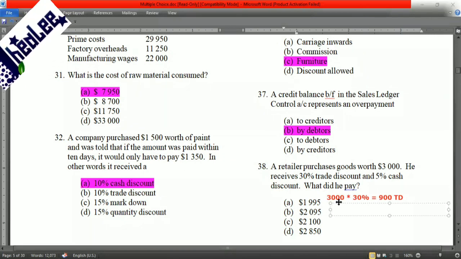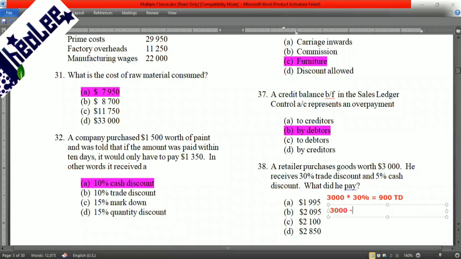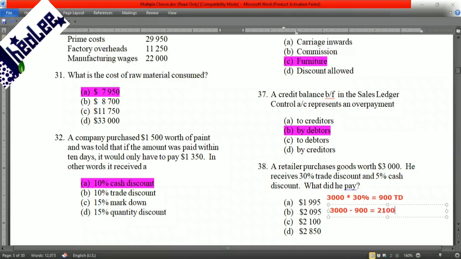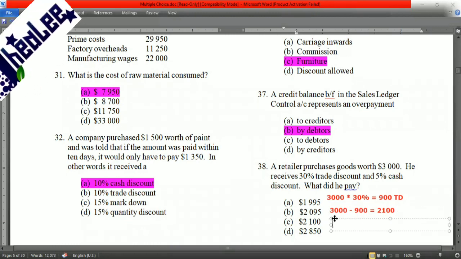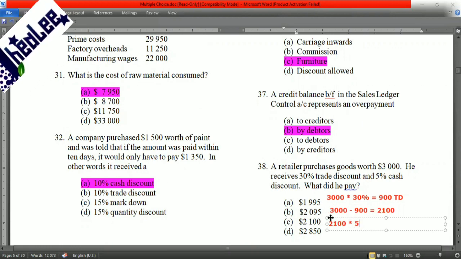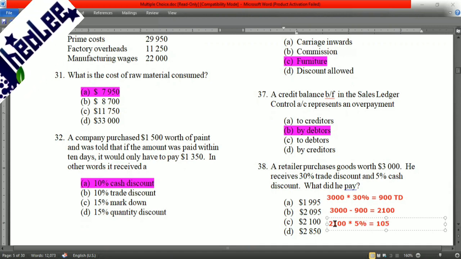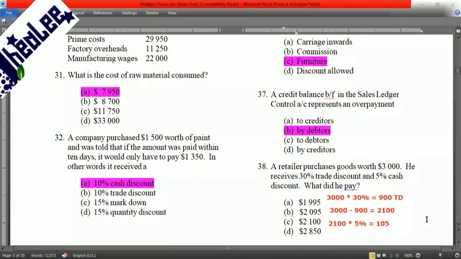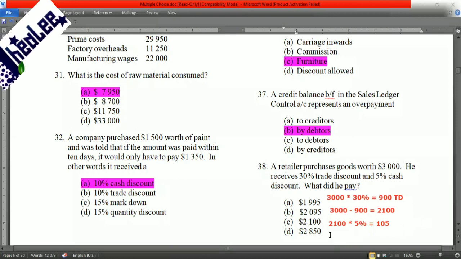And after taking out the trade discount, the value that was owing by the retailer would be 2,100. Now, of that 2,100, a cash discount is applied. So 2,100 times the 5% cash discount would give us $105. So what would the person pay?